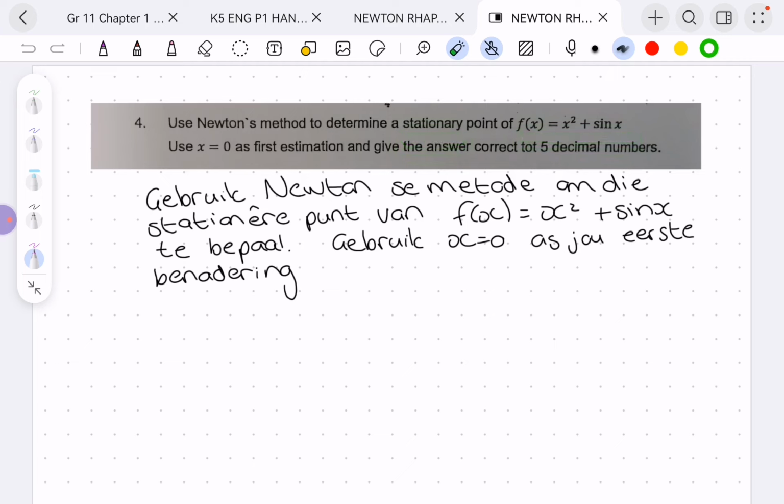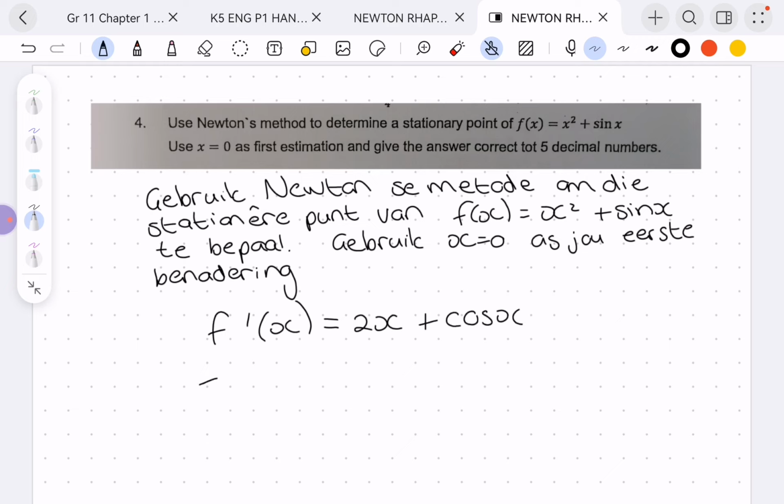Since I want the stationary point, I need to get the first derivative, which is 2x plus sin x goes to cos x. I also need my second derivative, which goes to 2 minus sin x, because cos x goes to negative sin x.